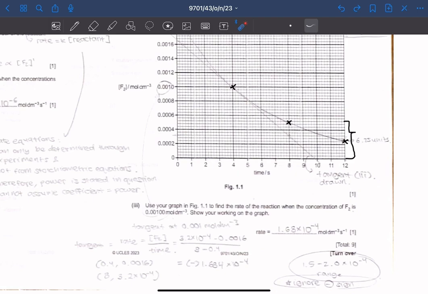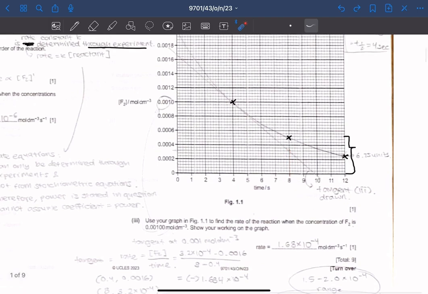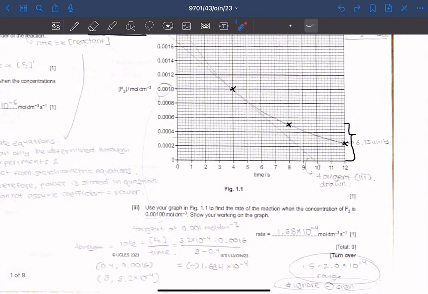Then I would select 2 points. I selected this one and around here. And then find the gradient of those 2 points. The gradient, ignoring the sign, I would get 1.684 times 10 power negative 4, to 3 significant figures.